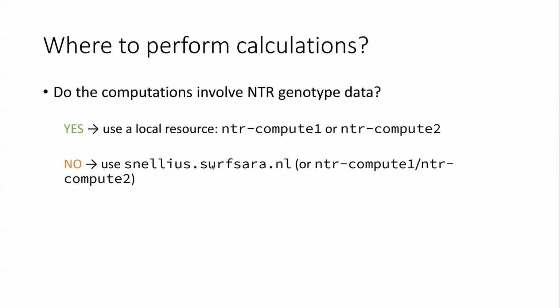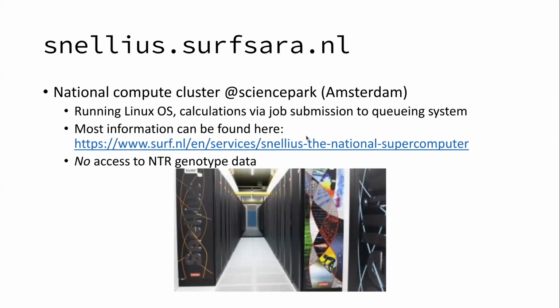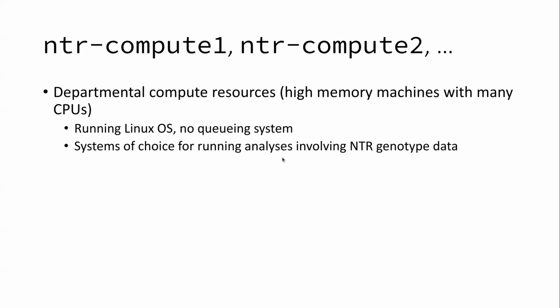But if you are going to perform actual scoring, for which you need the genotype data, you have to do that in a secure environment. Stellius is the national compute cluster, also located in Amsterdam. But for our study, we don't have access to the genotype data to perform the last step, the actual scoring. So that's why we perform those calculations on our own resources. And it also hosts the genotype data.